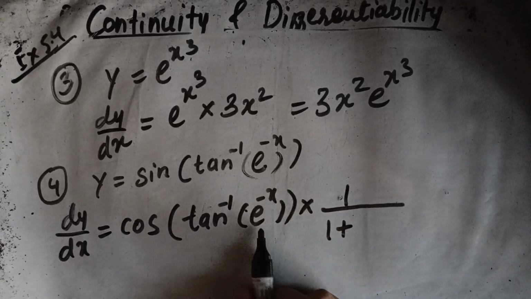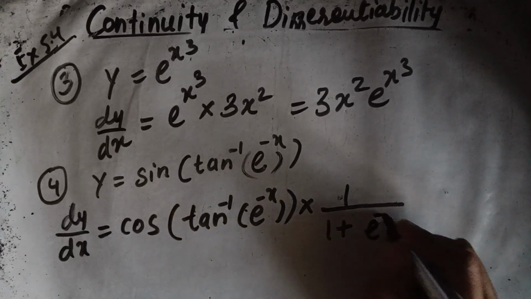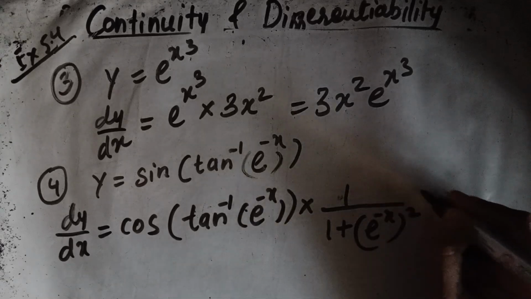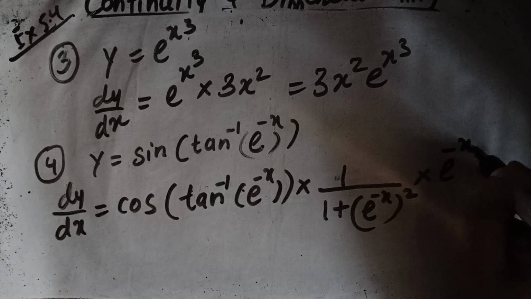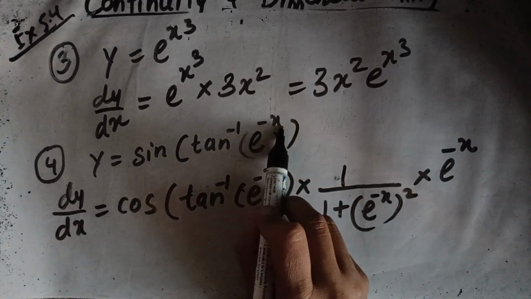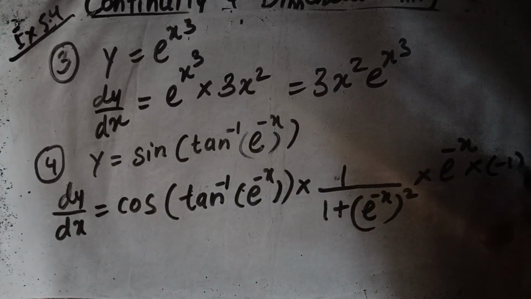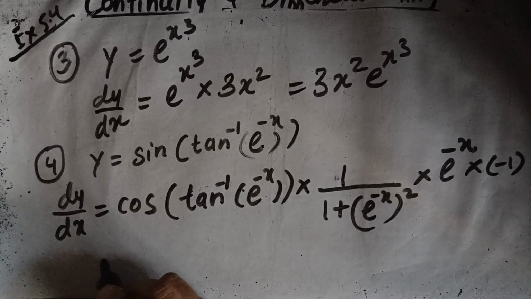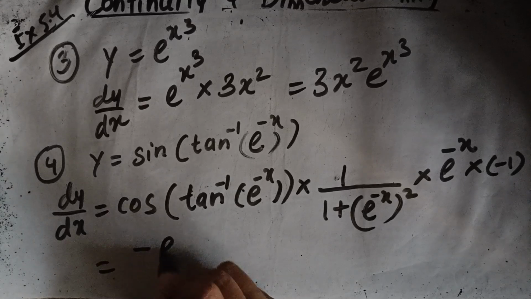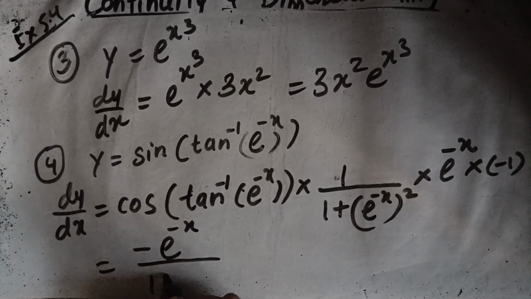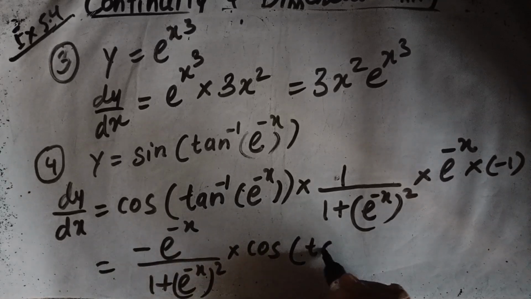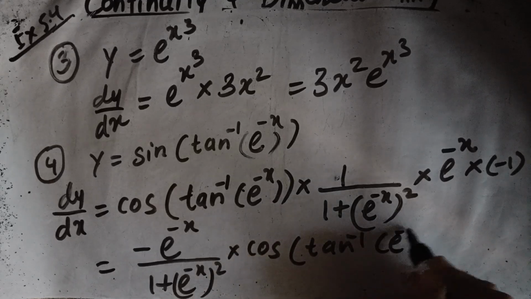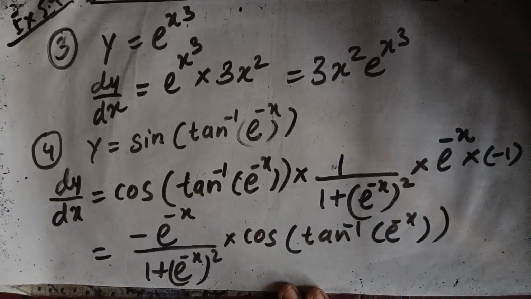Now here x is e raised to minus x. So square into derivative of e raised to minus x. E raised to minus x and derivative of minus x, that is minus 1. Okay. So you can write this as minus e raised to minus x upon 1 plus e raised to minus x the whole square into cos tan inverse e raised to minus x. Okay.